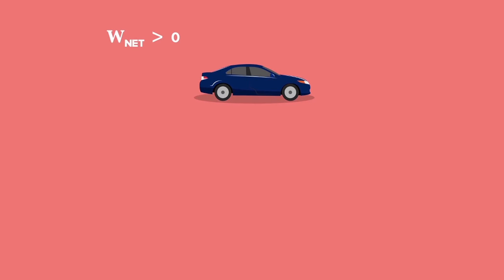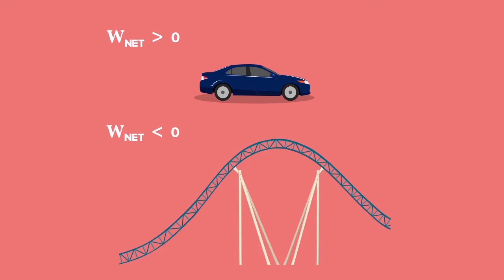If the final kinetic energy of an object is greater than its initial energy, positive work is done on the system. The velocity has increased. The system has gained energy from the net work done on it. Similarly, if the final velocity is less than the initial velocity, the system has lost kinetic energy.